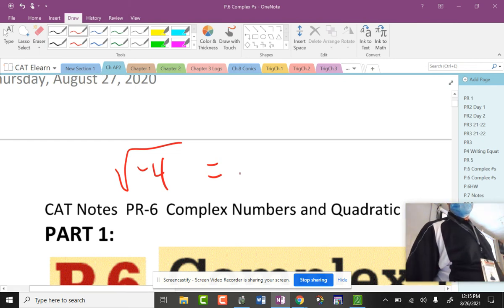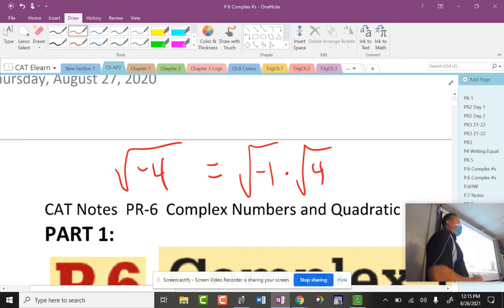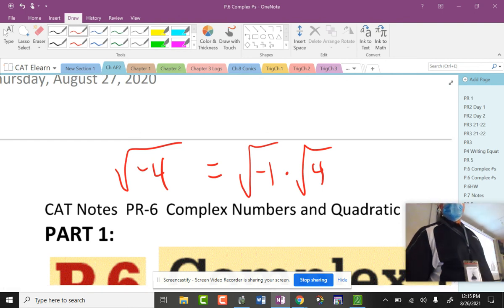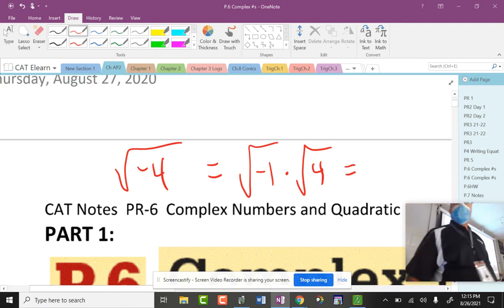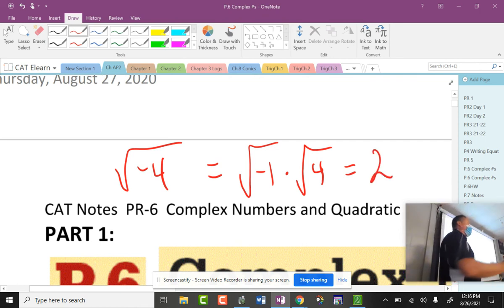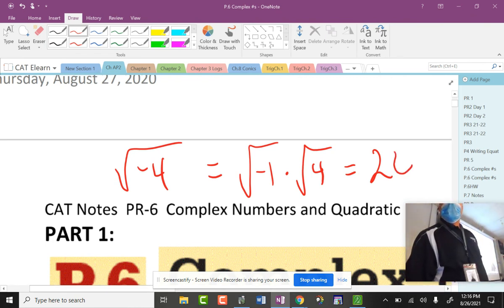But if I isolate the square root of the negative, then I can do something. Everyone, what's the square root of 4? And then what did you just learn, or actually learned before, but just remembered, what do we call the square root of -1? It shall be called what from here on out? i. So actually the square root of -4 is 2i.